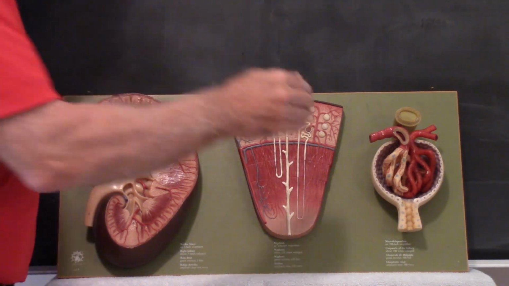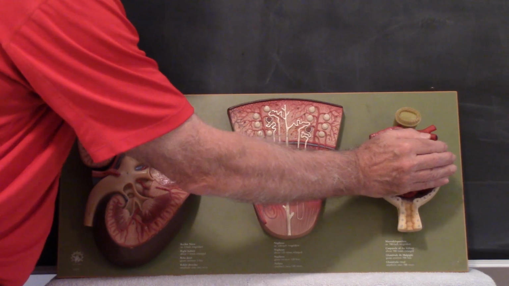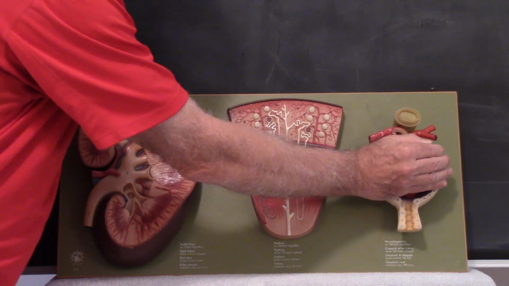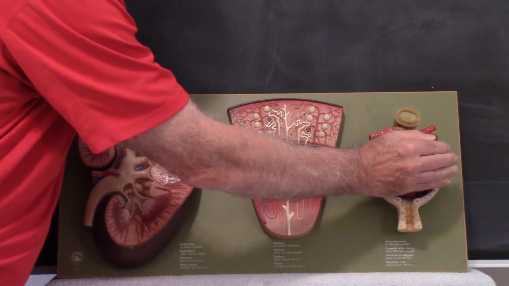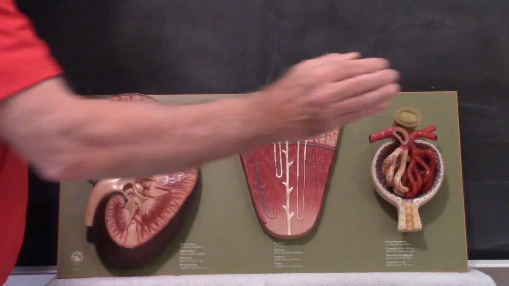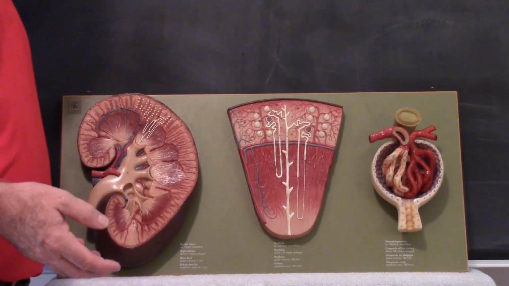So if I added back what they have taken off, then this would be the rest of the glomerular capsule, and you wouldn't be able to see the glomerular capillaries inside. But if you take off the top of the glomerular capsule, then obviously you can see the glomerular capillaries.